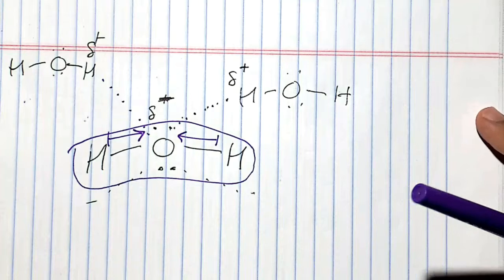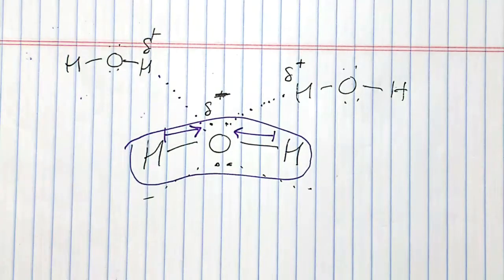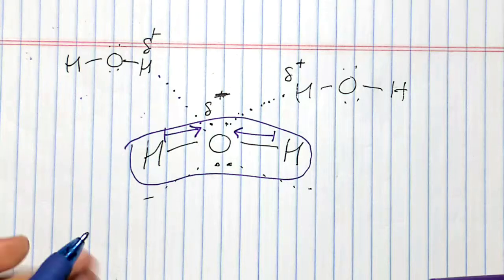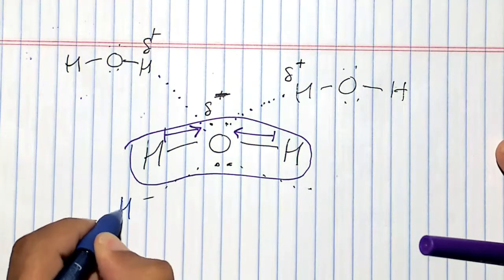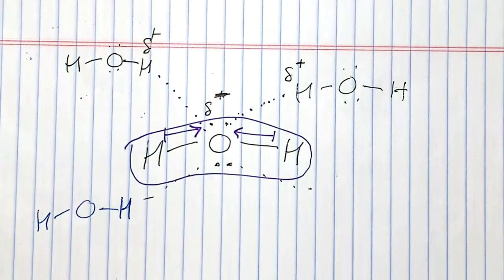That is how we get a lattice network of hydrogen bonds, which gives water a very strong intermolecular interaction.